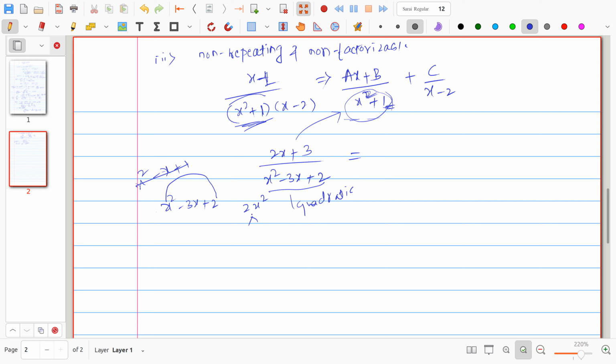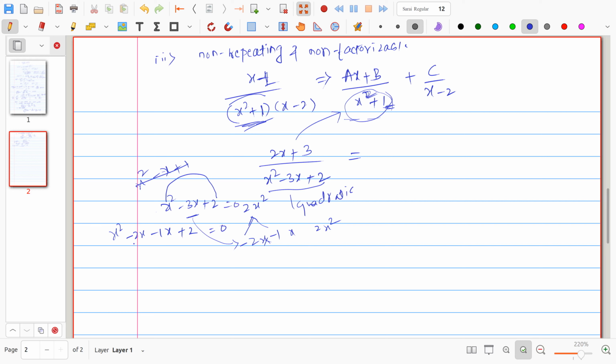We need to get the middle term, minus 3x, so I will write the 3x as 2x minus 1x, plus 2, equal to 0.